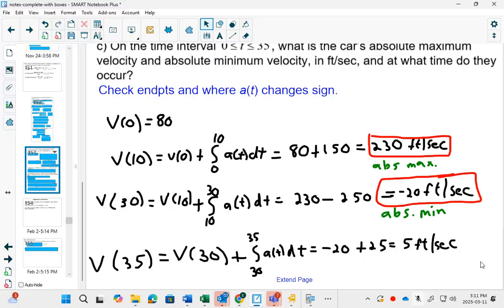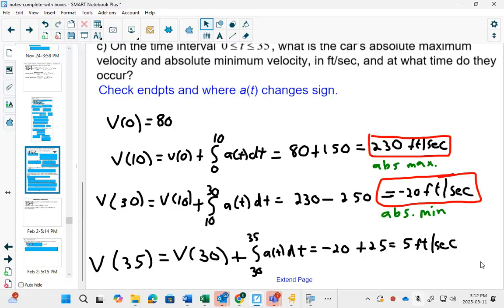So the extreme value theorem says on an interval, you will get an absolute maximum, either at its endpoints or at one of its critical points. And you find the critical points by setting the derivative equal to 0. Well, the derivative of velocity is acceleration.